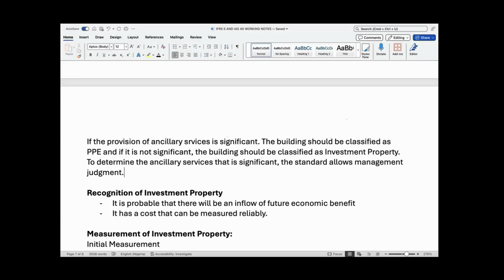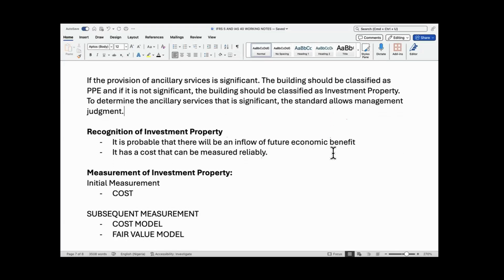So what we want you to classify as investment property is that you just collect rent. You are not involved in anything. They just come and give you rent. Probably you have an agent, and the agent is not the one providing water or electricity. The people sort themselves out. They just give you rent. Then that one would fly as investment property.